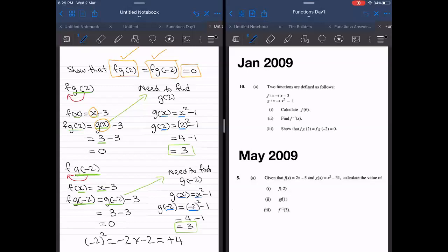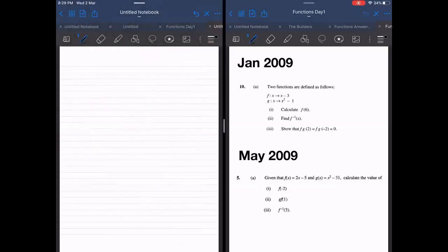Okay, so something I want to point out. Whenever we are substituting values, always put a bracket around them.